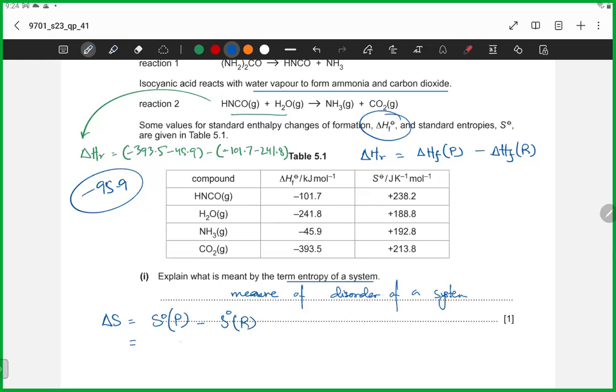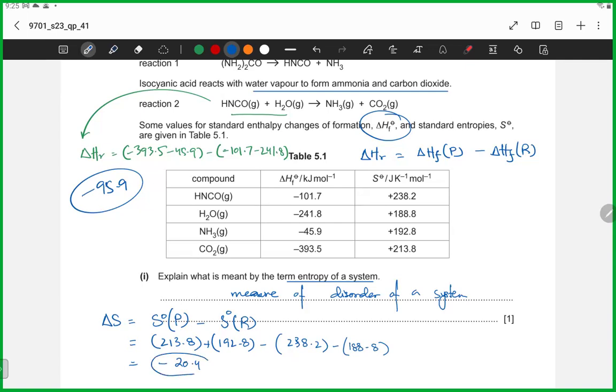So if I do that, CO2 is 213.8 plus the other product, NH3, that's 192.8, minus your reactants, HNCO, that's 238.2, and then minus the other reactant, H2O, that's 188.8. So what do we get for delta S? Negative 20.4, right?